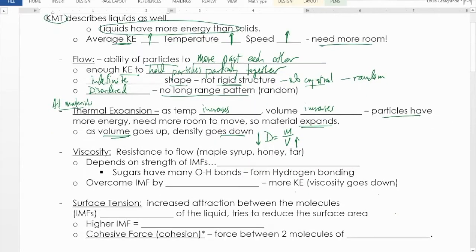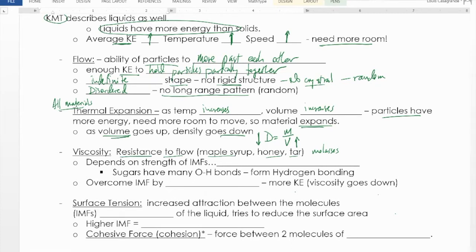Another important property of liquids is viscosity. So liquids flow. Viscosity is the resistance to flow. And you can think of things like maple syrup, honey, tar, molasses is another one. Things that hold together very tightly.